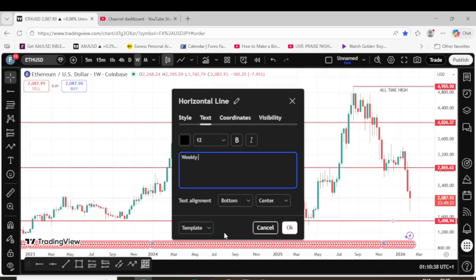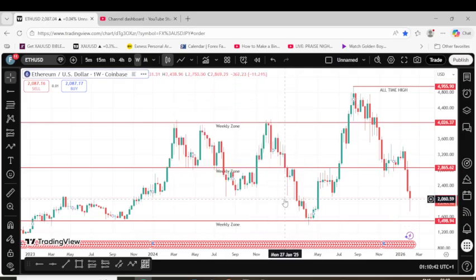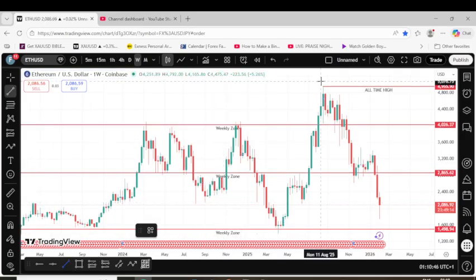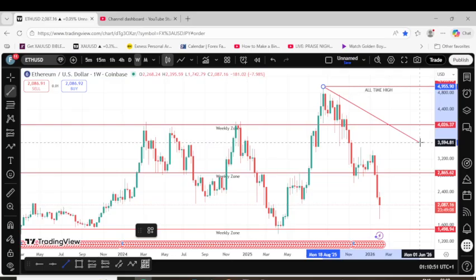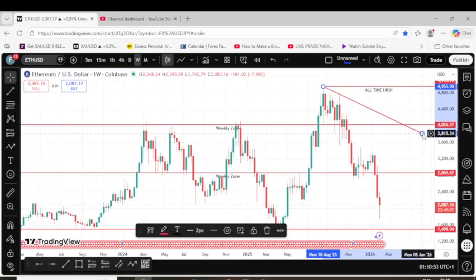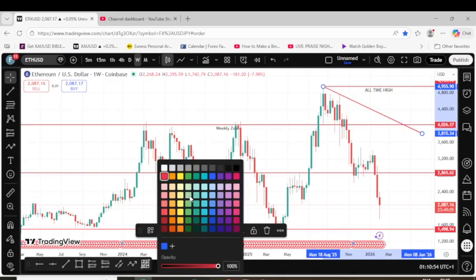So the next thing after identifying our weekly zones is to see if there are any trend lines that we can draw. And I think we can draw a trend line here. I think we can draw one here like this. Let's make it black.